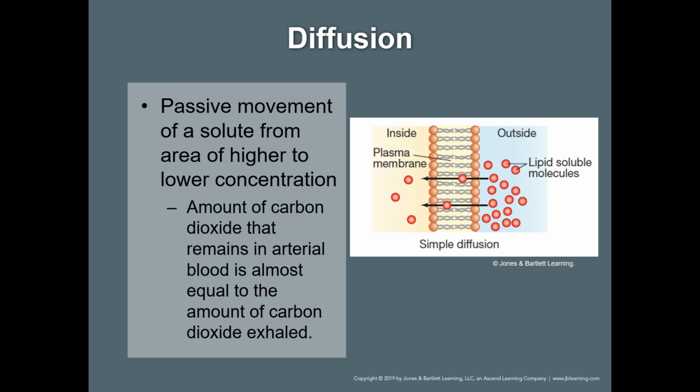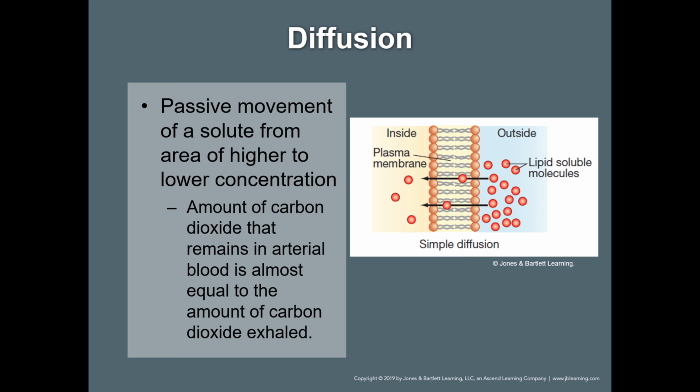So when we talk about diffusion, sometimes organisms need to be able to move molecules from an area of higher concentration to an area of lower concentration so that these solutions can spread out. And we talked about what diffusion means for the lungs, right? We talk about the concentration of O2 going in from the alveoli to the cell.